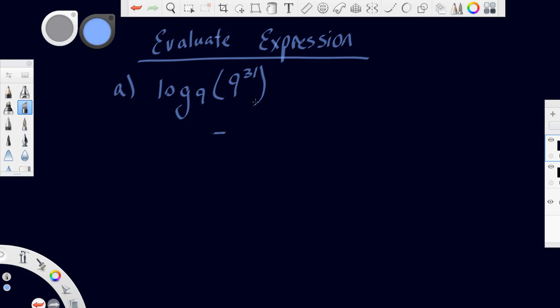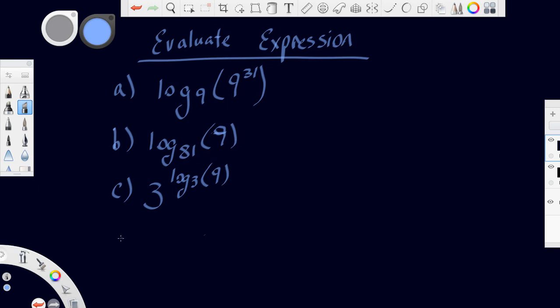And then let's say that we want to evaluate log base 81 of 9. And let's say that we want to evaluate 3 to log base 3 of 9. And 4 to the log base 4 of 21.